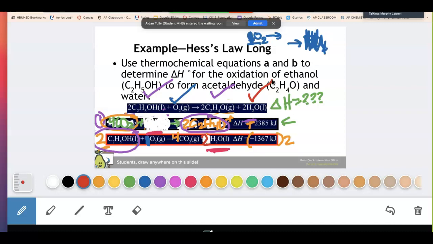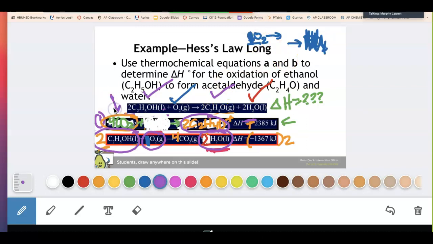There's one more thing you have to do. So I've got my ethanol, I've got my 1 oxygen, I've got my 2 waters. There's a substance that we haven't dealt with yet, and it's carbon dioxide. There are 4 carbon dioxides on the left side, and there are 4 carbon dioxides on the right side.